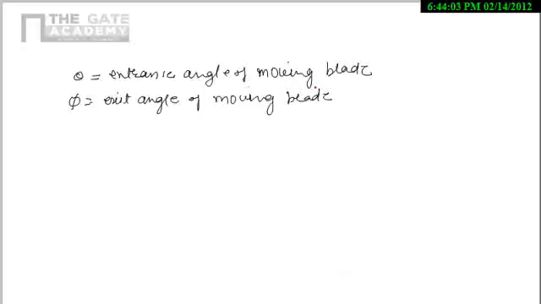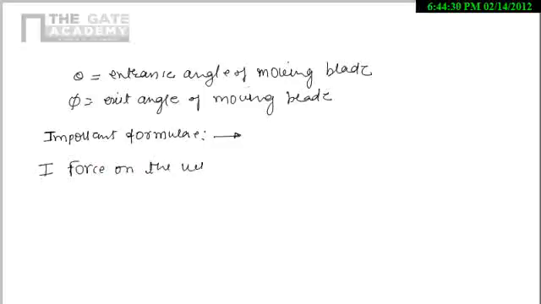Now I will write some of the important formula which will be very helpful in solving the numerical problem. So let's take first formula, that is force on the wheel.